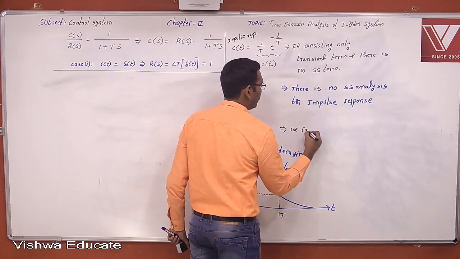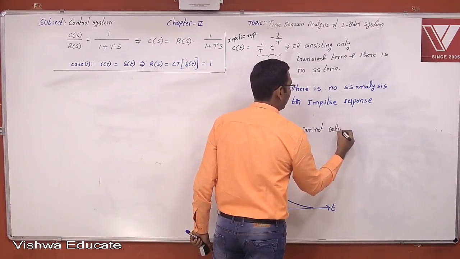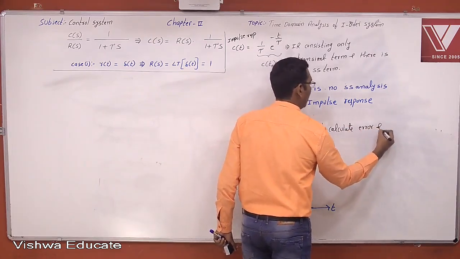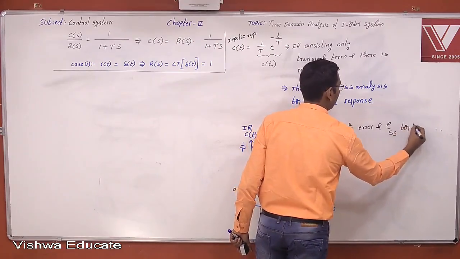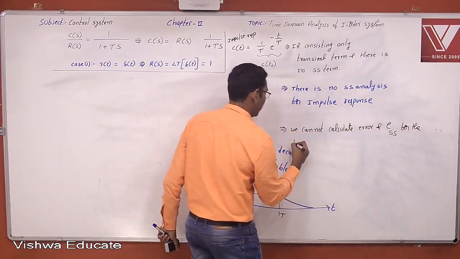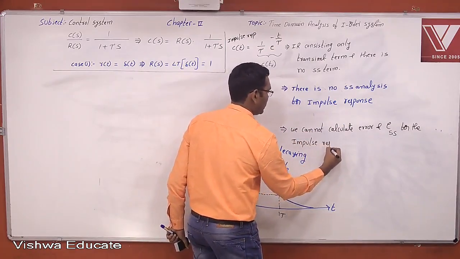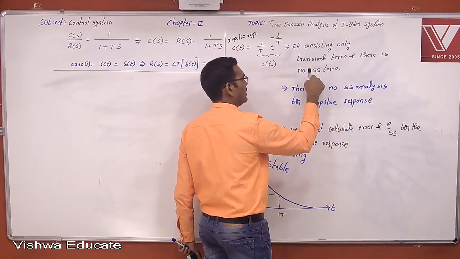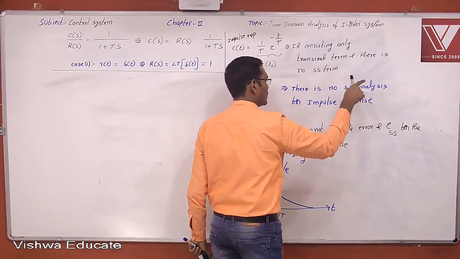We cannot calculate error and steady state error for the impulse response, because it does not have any steady state term. It has only a transient term.